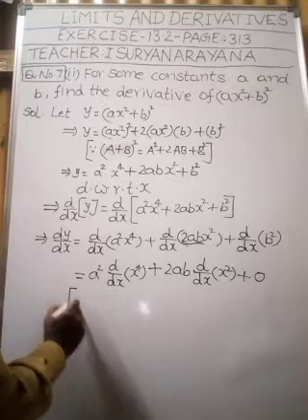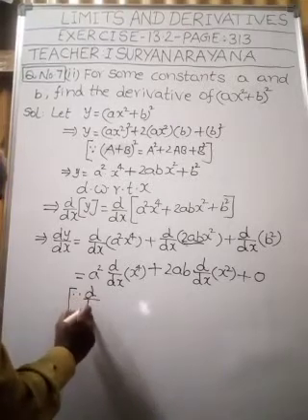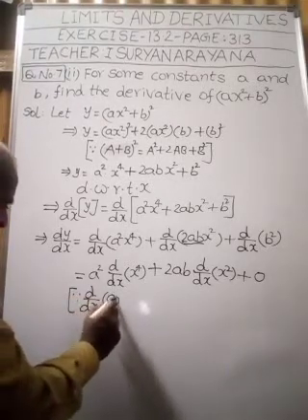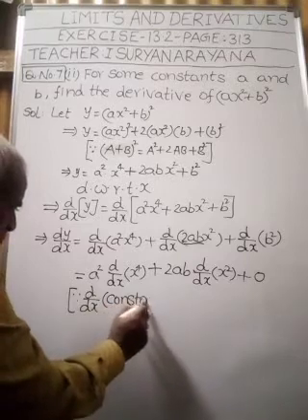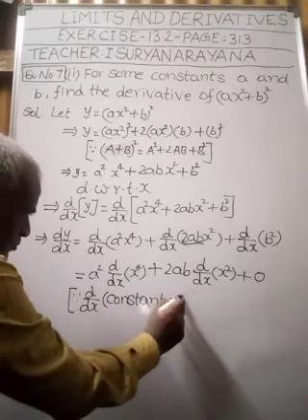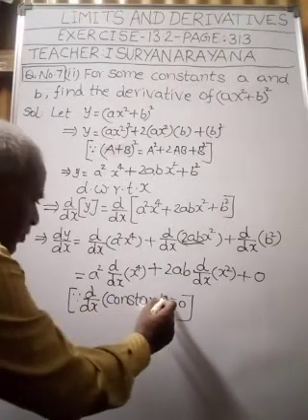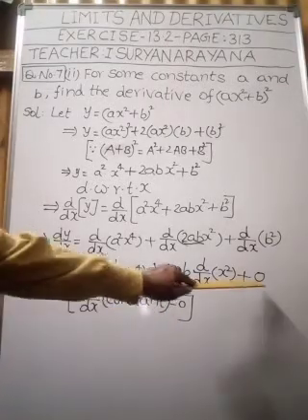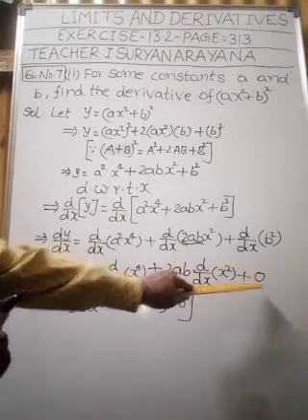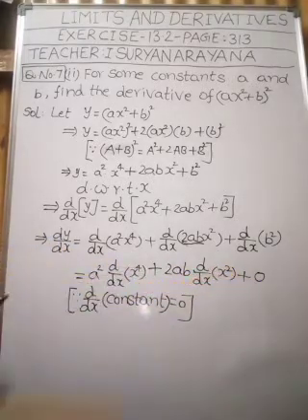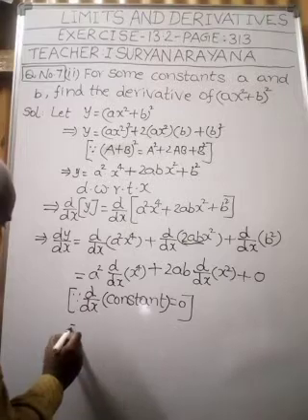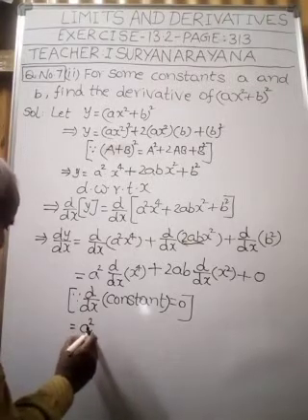Because d by dx of a constant is 0, so by using this derivative formula, we wrote that last term. Understood this last term, my children? Understood this step, my children? Right. This is equal to a square.